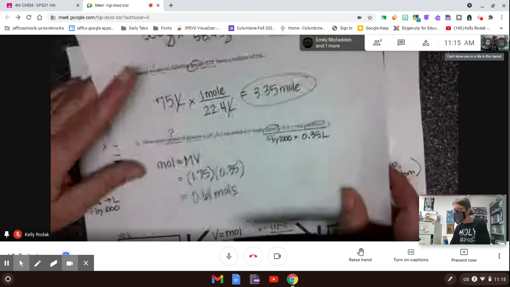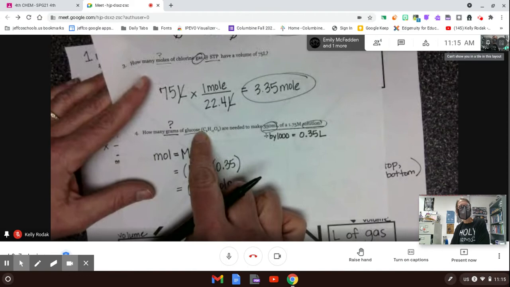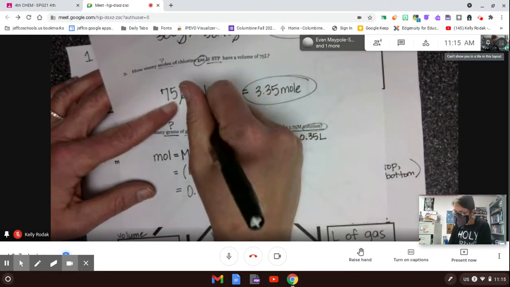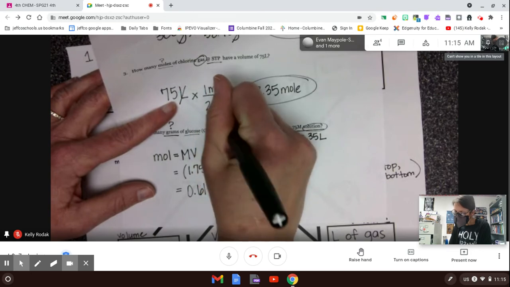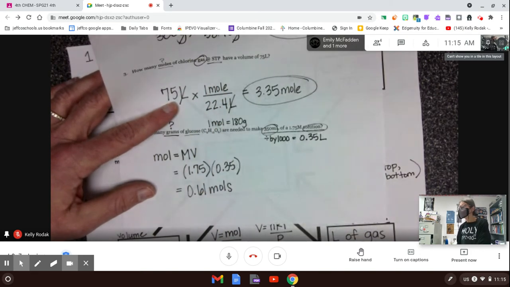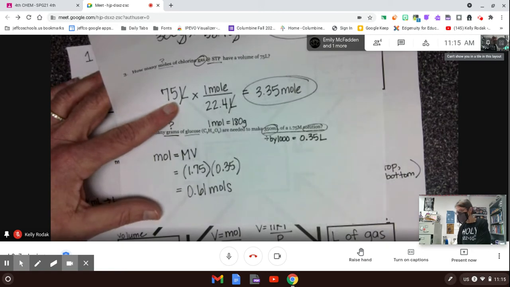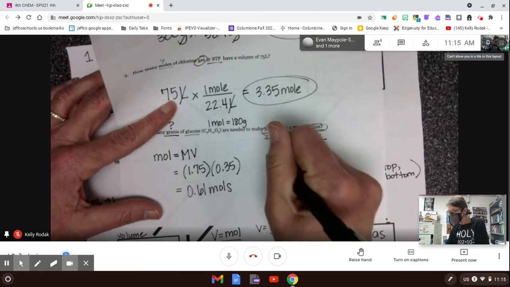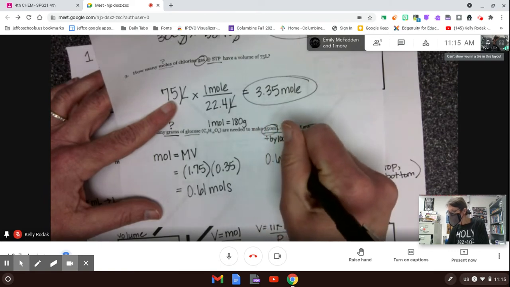So we got to figure out what the molar mass of glucose is, right? So it's going to be 6 carbons, 12 hydrogens, 6 oxygens. I'm just going to tell you that it's equal to 180 grams. Actually, it's 180 and change, but I don't feel like dealing with the decimals right now, so we're going to be aggressive rounders. So we're going to do 0.61 moles.